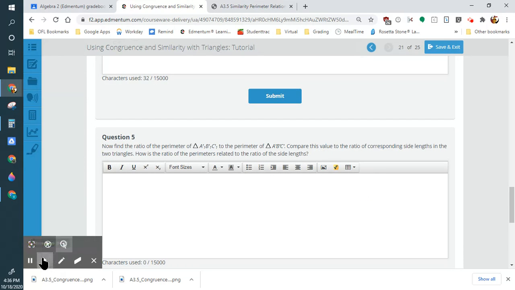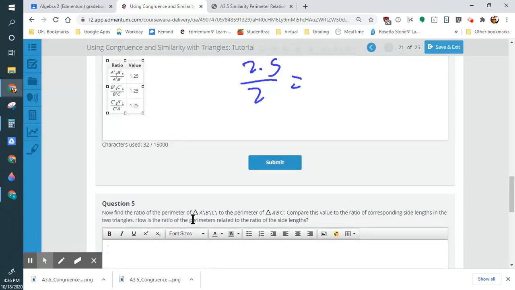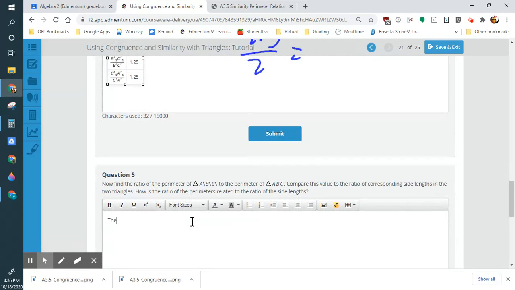Oh, come on. Obviously, if they're proportional, then they're proportional. The sides will have the same proportionality as their perimeter, as previously stated.